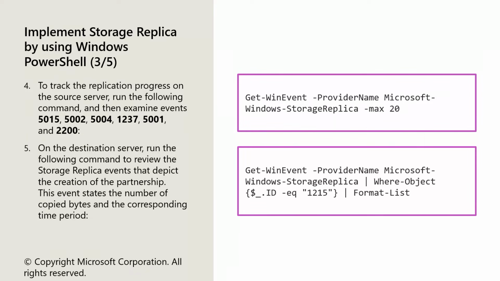Next, track replication progress on the source server. You can use Get-WinEvent to monitor Storage Replica events. On the destination server, you can review events that describe the creation of the partnership.